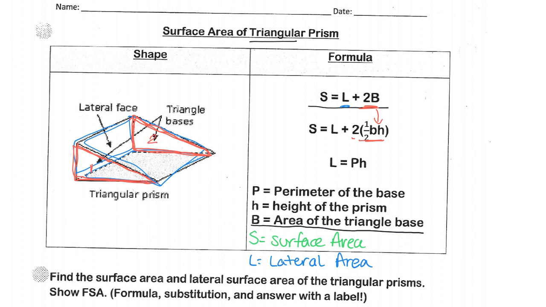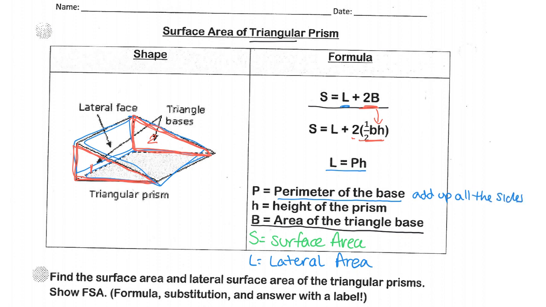So let's simplify this a little bit further. Now that we know what B is, we have to figure out what L is. What does that L mean? Here it's P times H. Well, what does that mean? P is the perimeter of the base. Remember, perimeter, you add up all the sides.